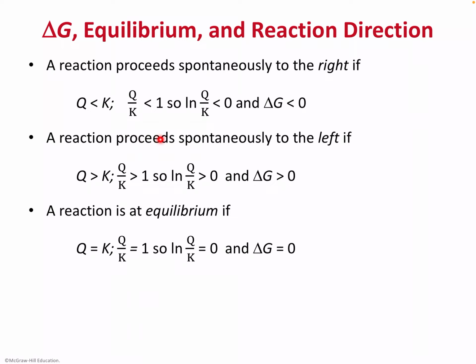A reaction proceeds spontaneously to the left if Q is greater than K. So Q over K is going to be greater than 1, ln Q over K is going to be greater than 0, and delta G would be positive. A reaction is at equilibrium if Q equals K, Q over K is 1, ln 1 equals 0, and delta G is 0.